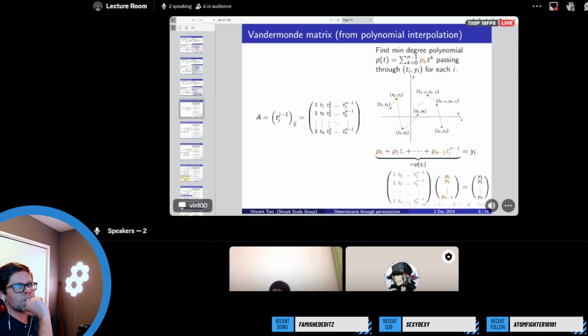Okay, so here I'll talk about the next example, from the Vandermonde matrix. Before talking about calculating the determinants of a Vandermonde matrix, here's some applied math motivation about the least degree best fit polynomial.